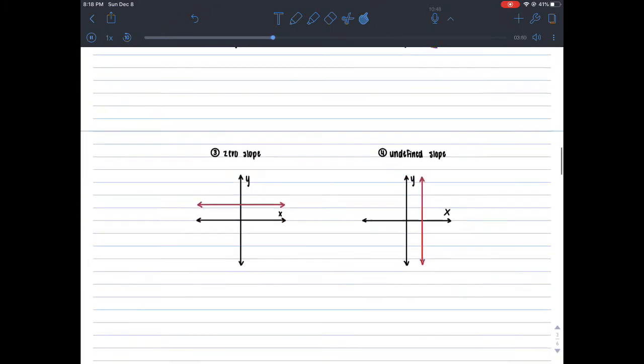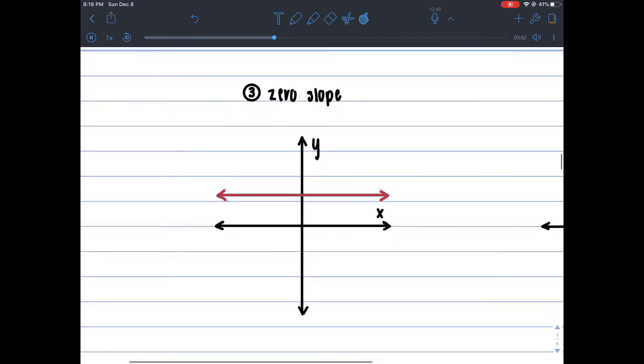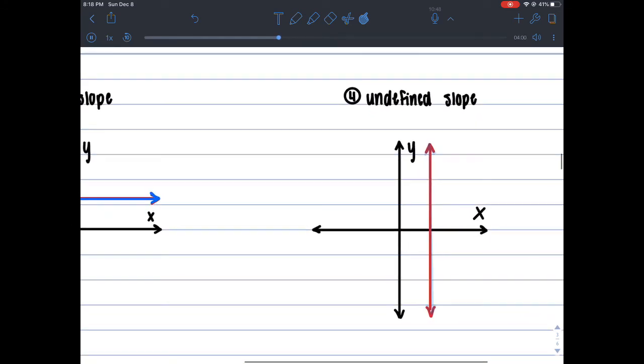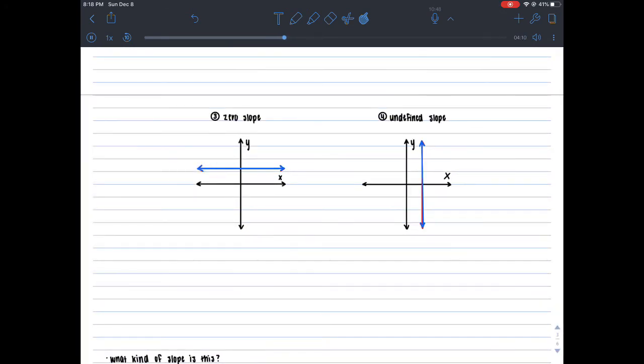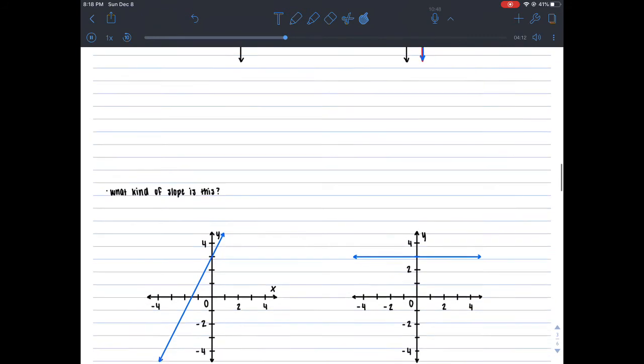Then we have zero slope. Zero slope is parallel to the x-axis on a graph. And an undefined slope is parallel to the y-axis on a graph. These are the 4 types of slopes that you need to know.